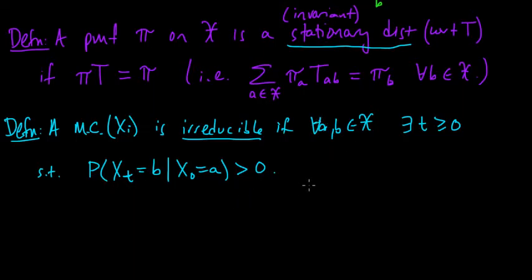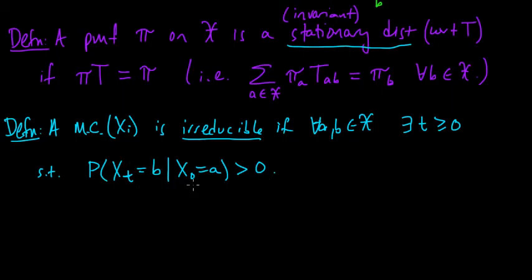Any a and b. So in other words, no matter what a we start out at, no matter what a x0 is set to, and no matter what b we're trying to get to eventually, for some time, eventually we're going to get there. So there's some positive probability that we'll get there.